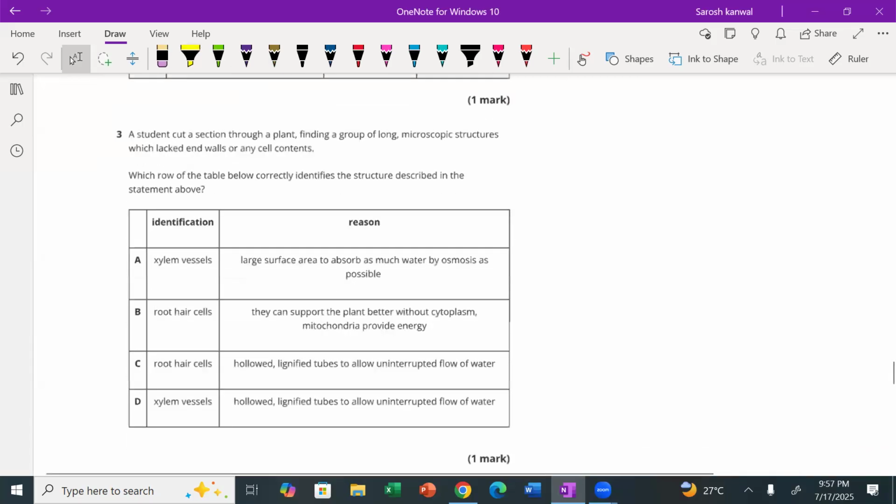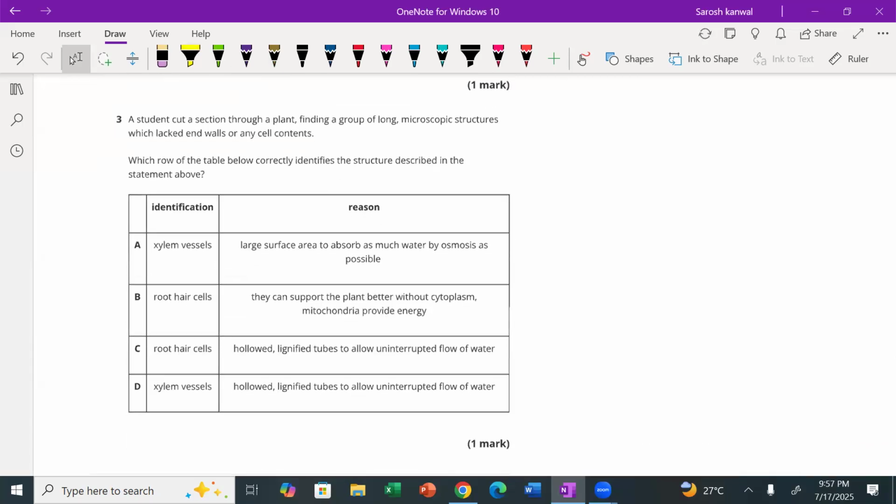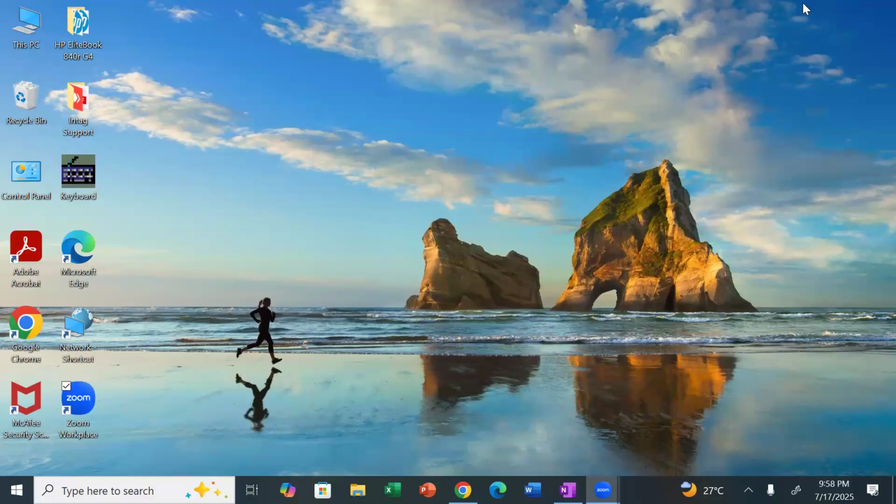Yes, Laiba, you can try this question. A student cut a section through a plant, finding a group of long microscopic structures which lacked end walls or any cell contents. Which row of the table below correctly identifies the structure described in the statement above?